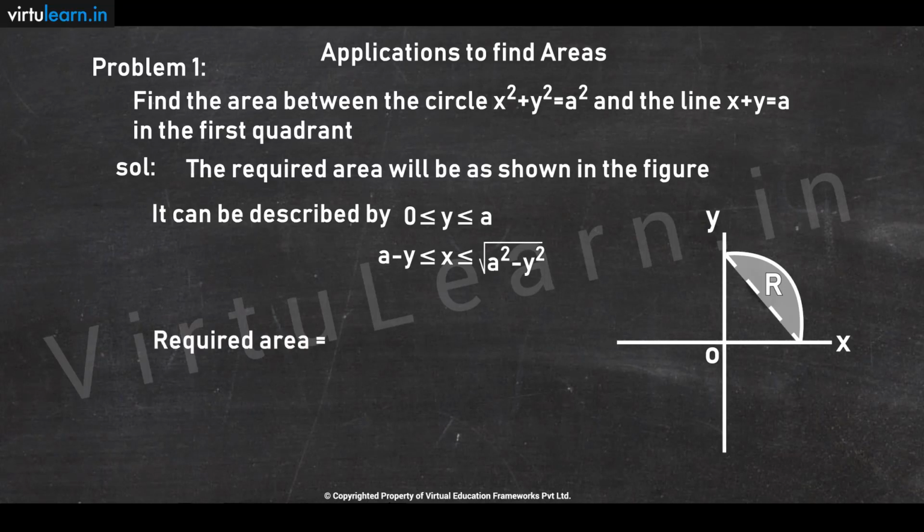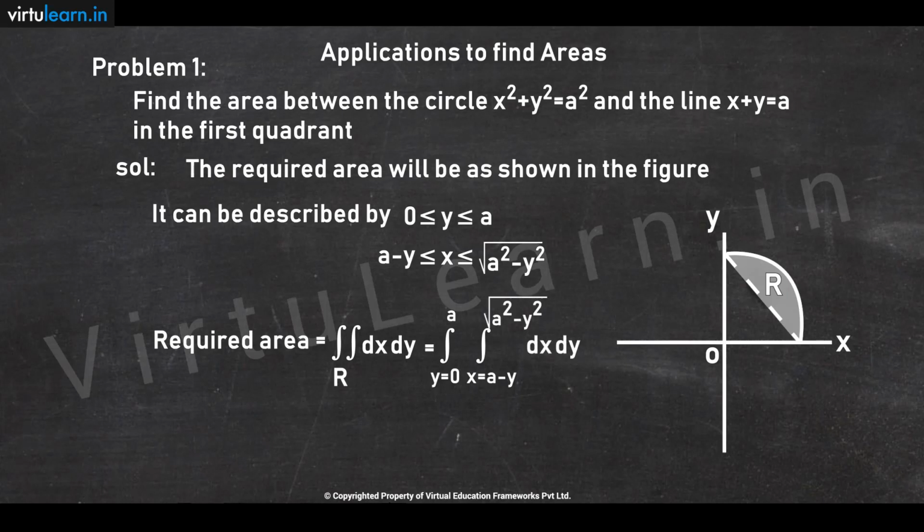So required area is the double integral over the region R of dx dy, or it is the same as integral y is equal to 0 to a, integral x is equal to a minus y to root of a squared minus y squared, dx dy. Let's initially perform integration with respect to x, because x has got variable limits.